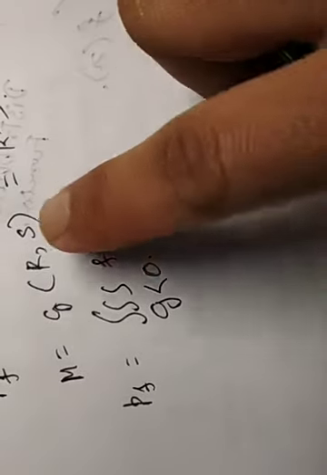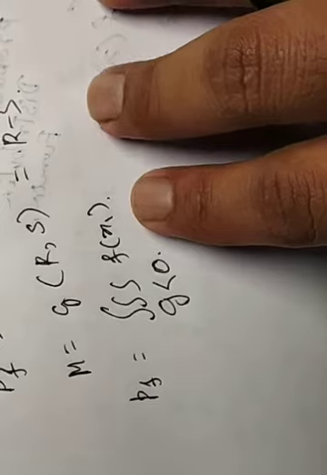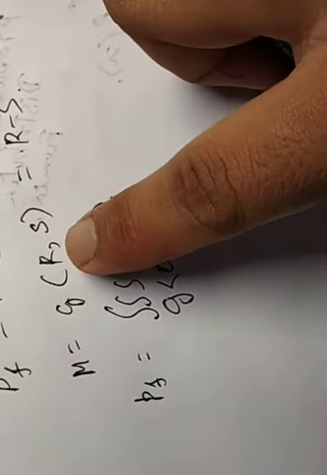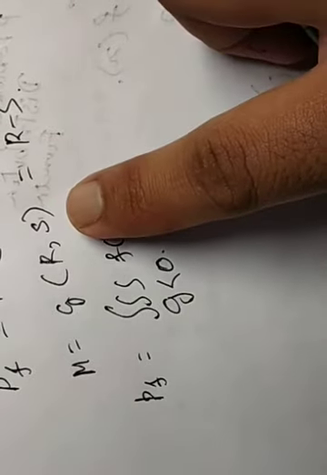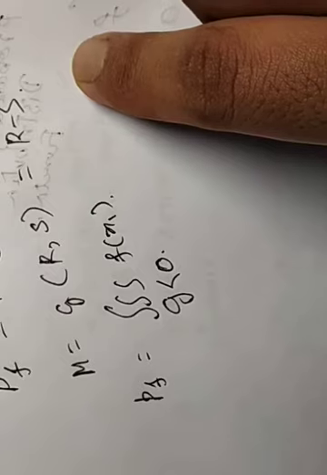Now in terms of R and S, I've already told you in the previous lecture that R is dependent on x1, x2, x3 up to xn, and S is also dependent on all the quantities, the material and the geometric properties.